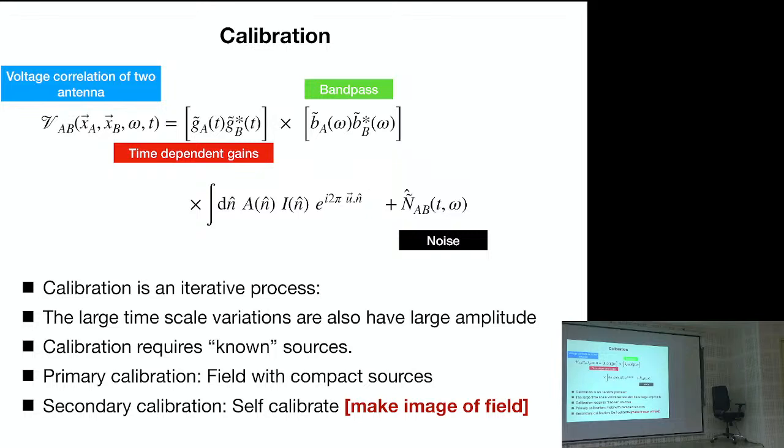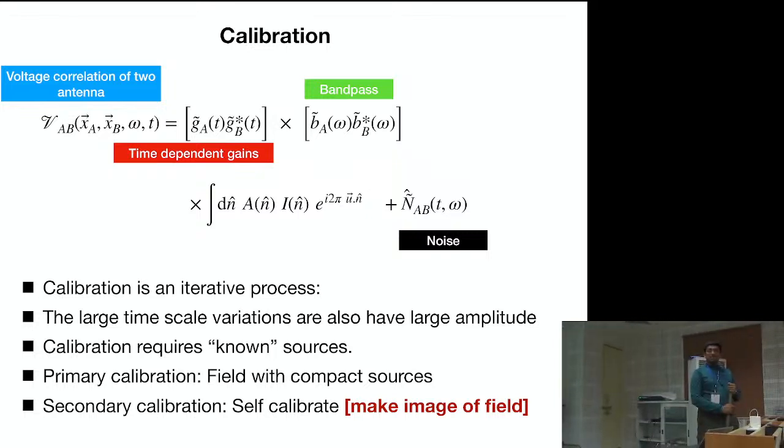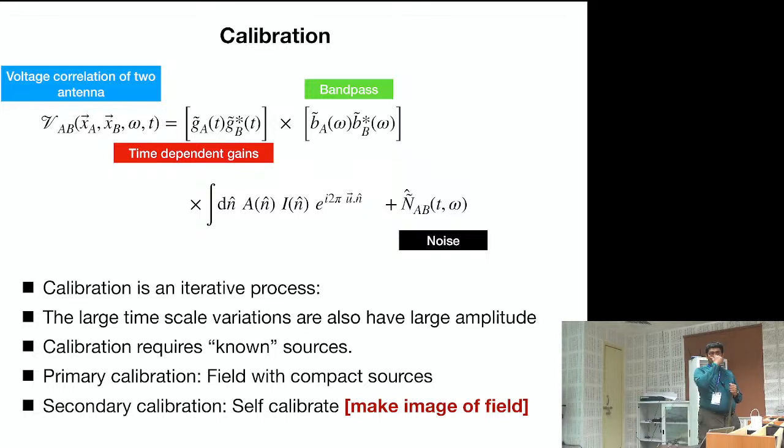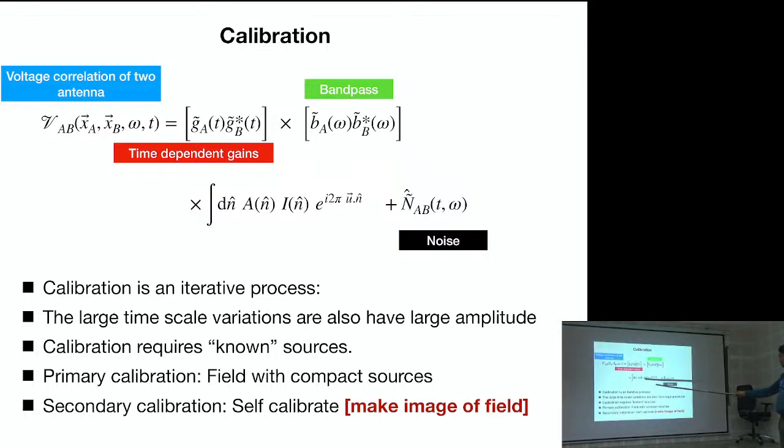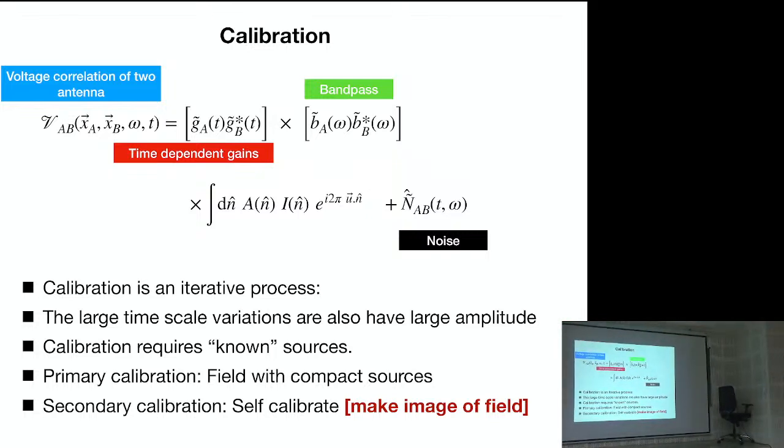If I use that as a model for the calibrator source, I have to make an image of that sky, right? I use that model, which is the image of the sky, as my calibrator source, and against that I calibrate my visibility. So I make an image, put that back in here, and against that I can try to calibrate. Now the process is much more involved than I'm making it out to be here, but it is called self-calibration.